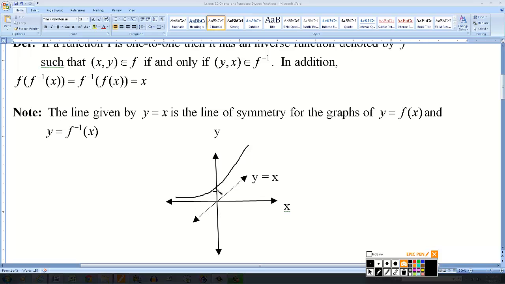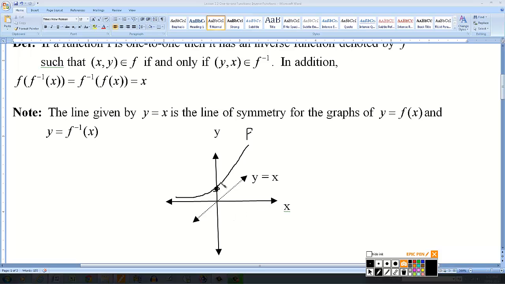I missed the point here, but let's suppose it's right there. Let's call this f. The line y equals x is the line of symmetry. So if I take this graph and reflect it over that line, I get the inverse.